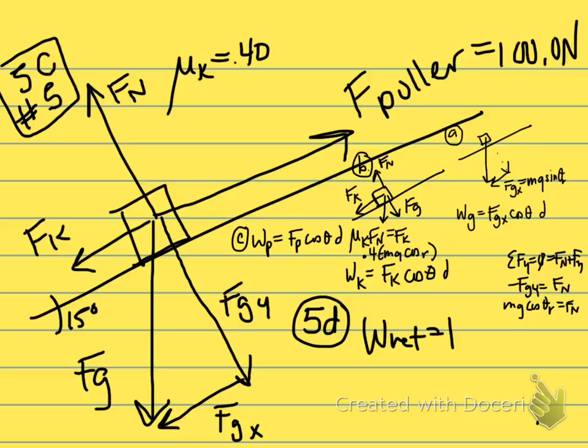Net work equals net force cosine theta d. And the theta here, the net force, is obviously up the ramp because the object is still moving up the ramp. If the net force was down the ramp, the object would be moving down the ramp. So that's one pretty clean way to approach it.